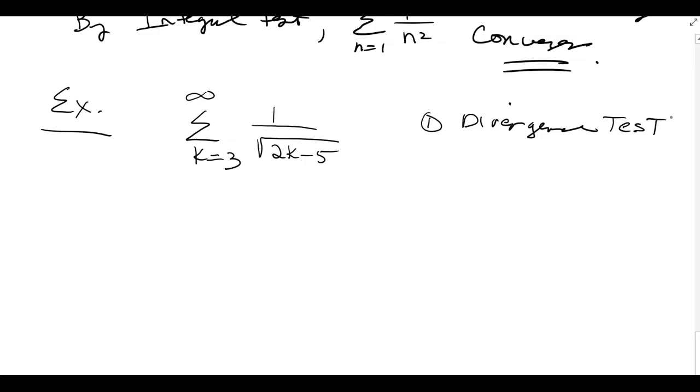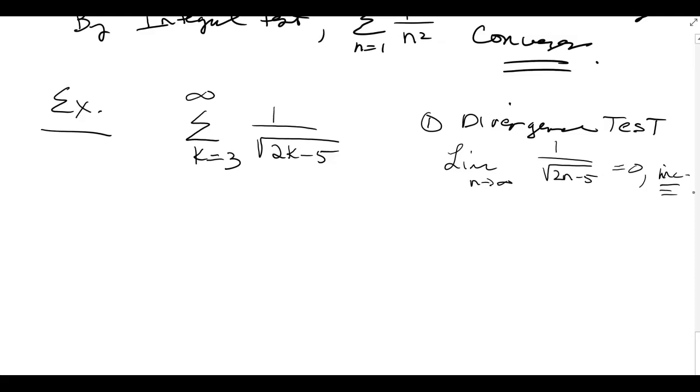And if you attempt the divergence test, then you're just taking the limit as n approaches infinity of 1 over the square root of 2n minus 5, right? Well, once you plug infinity into that denominator, I don't care if you multiply it by 2, subtract 5, and then take the square root, it's still going to be 1 over infinity, which means your divergence test equals 0, making it inconclusive.